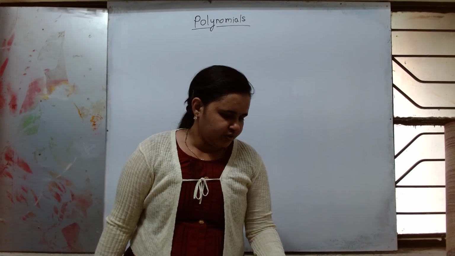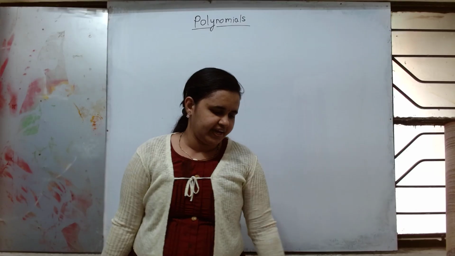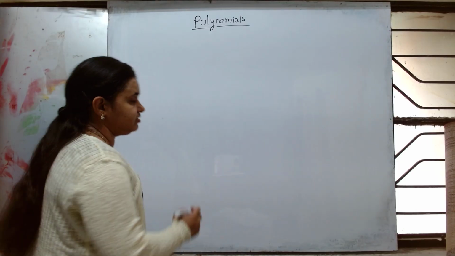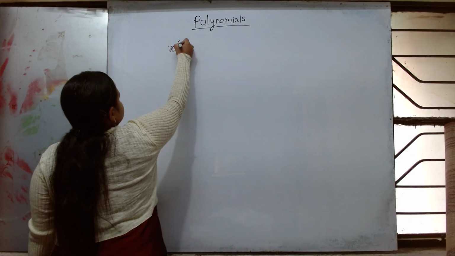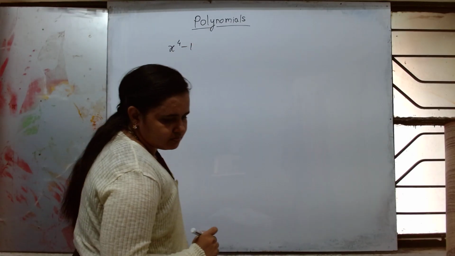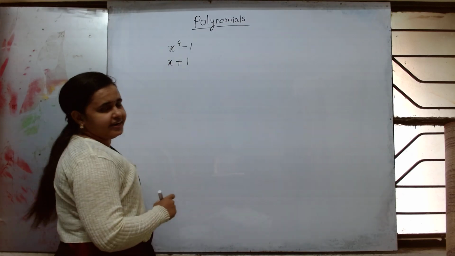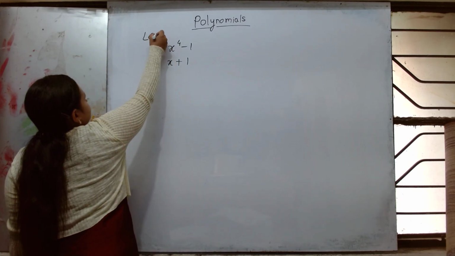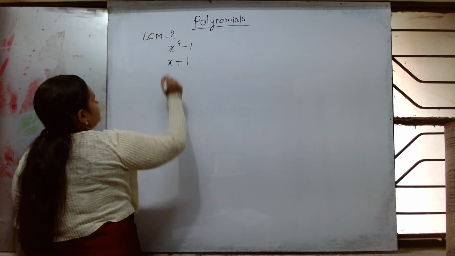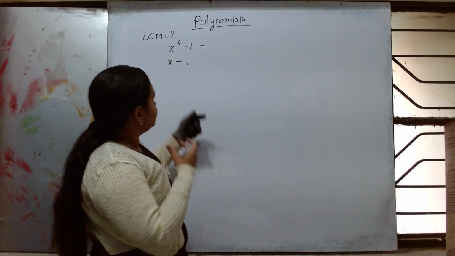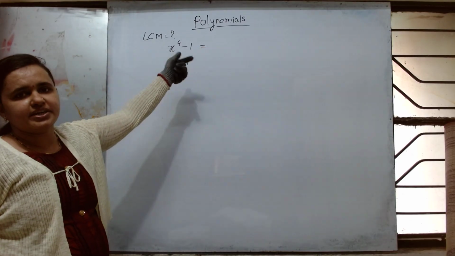Now second, we have to find the LCM of x to the power 4 minus 1 and x plus 1. Now again, we will take out the factors. Okay.